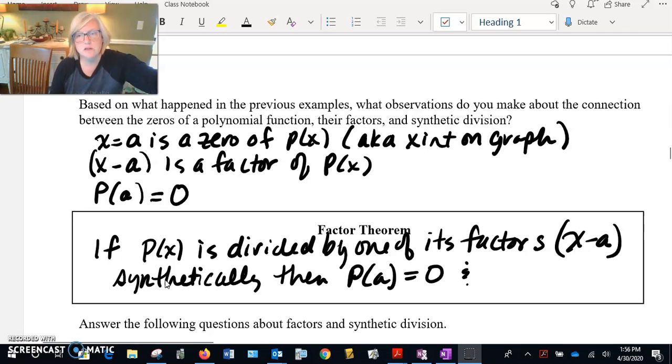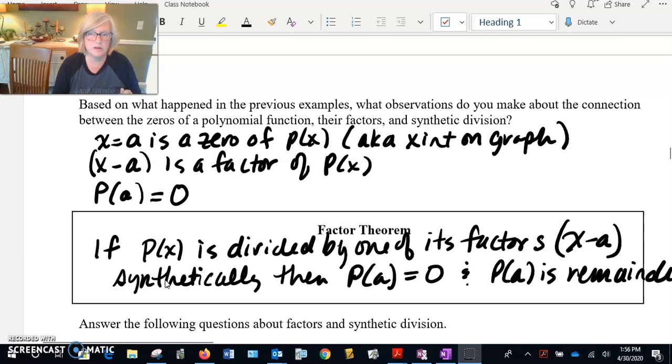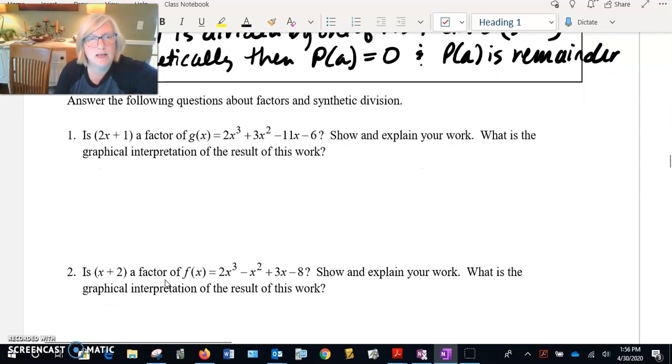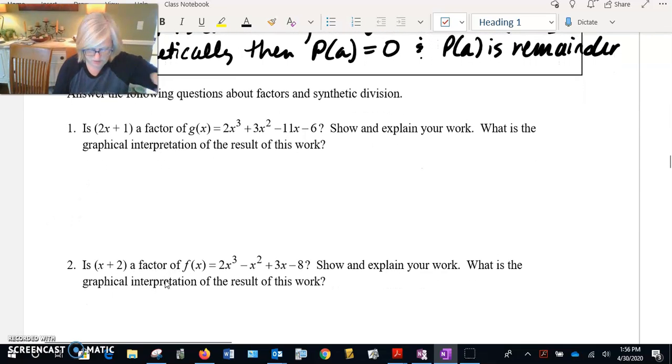All right, let's take a look at some of the problems that are down here. We have a few minutes left. I'm going to do number 1 here real quick. I want to know if 2x plus 1 is a factor of that. So I am going to find the 0 of the linear factor, which would be x equals negative 1/2.